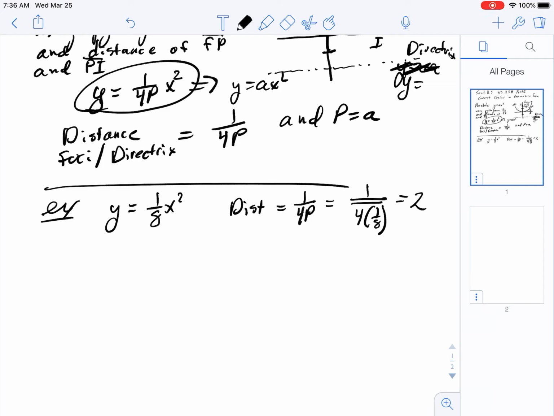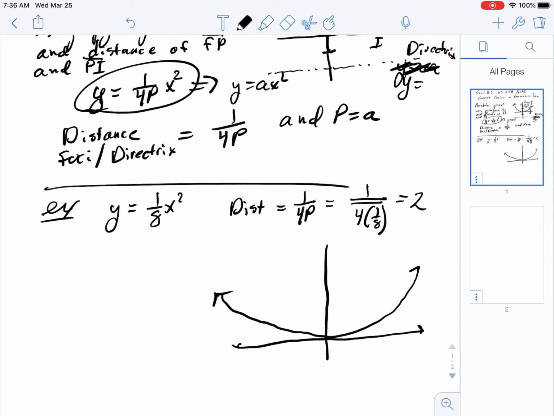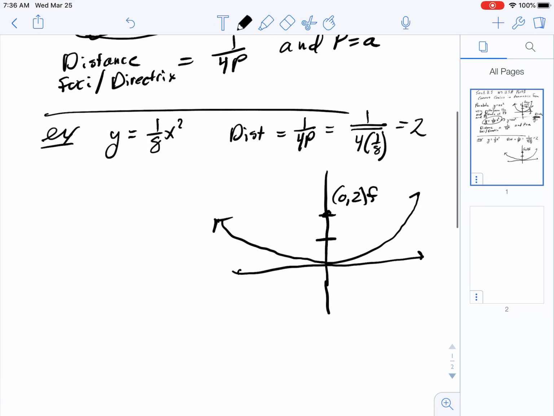Okay, so if we graph this out, and notice my scalar is 1/8, so this is going to be a really flat parabola. My focus is going to be 2 units up. So (0, 2). There's my focus. And my directrix is going to be y equals -2, since we are starting at (0, 0).